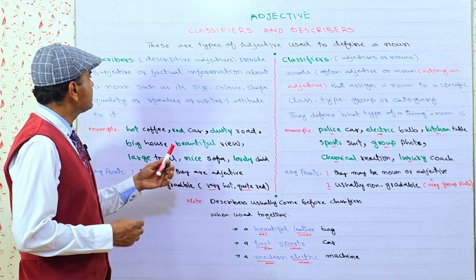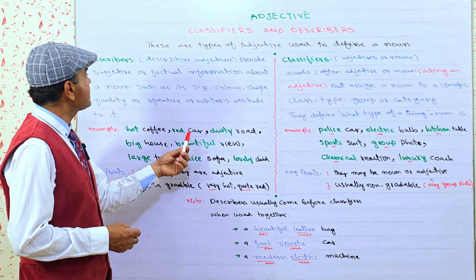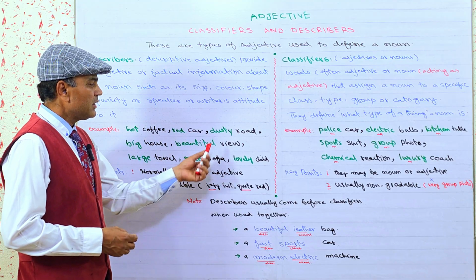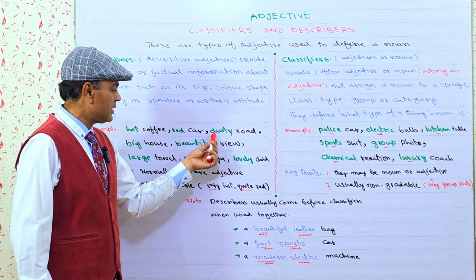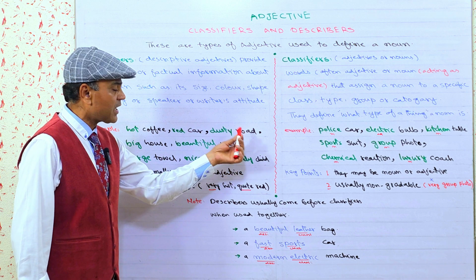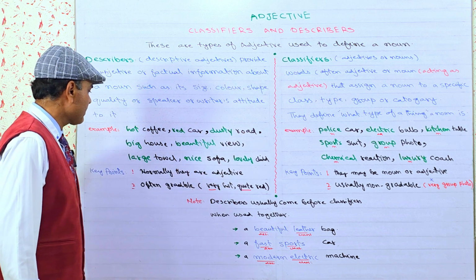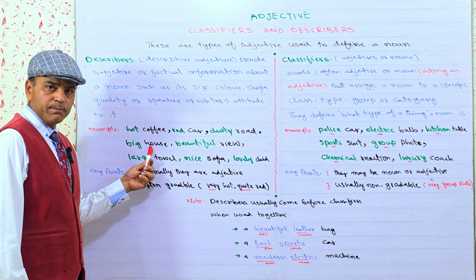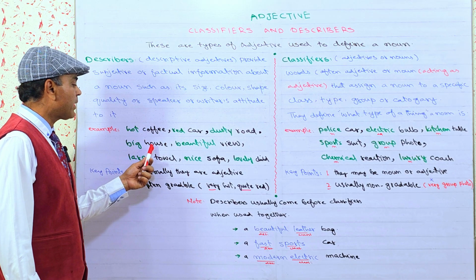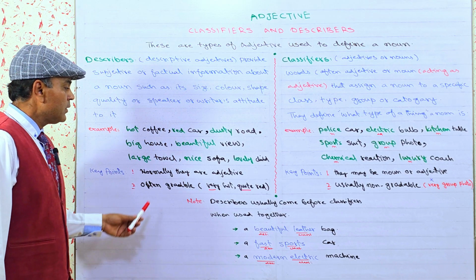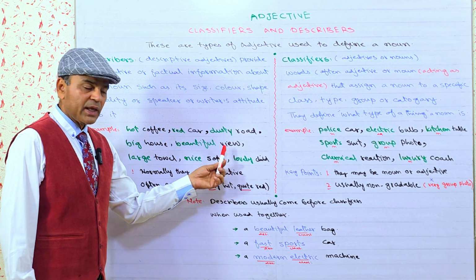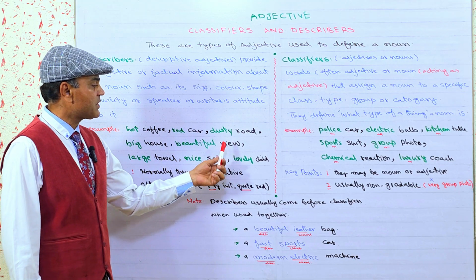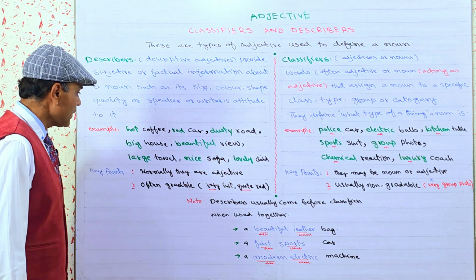Red car. This is actually a factual description of the car. Dusty road. Here dusty is an adjective and describes the road. Big house. Here the word big describes the word house. Beautiful view. Here beautiful describes the word view.